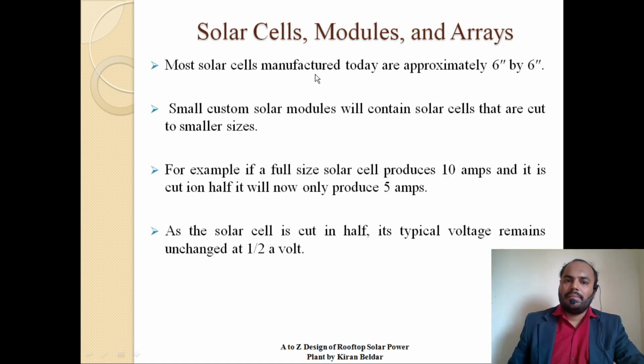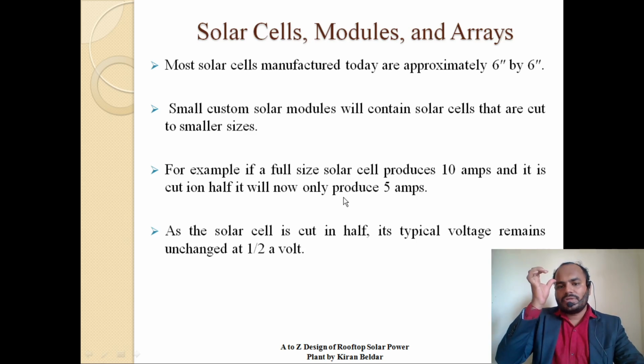Most solar cells manufactured today are approximately 6 inches by 6 inches. Small custom solar modules will contain solar cells that are cut to smaller sizes. For example, if a full size solar cell produces 10 ampere and it is cut in half, it will now only produce 5 amperes.